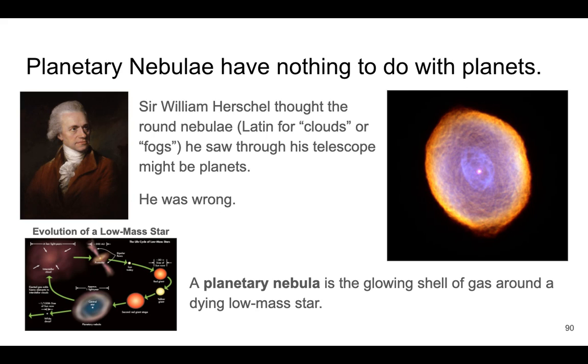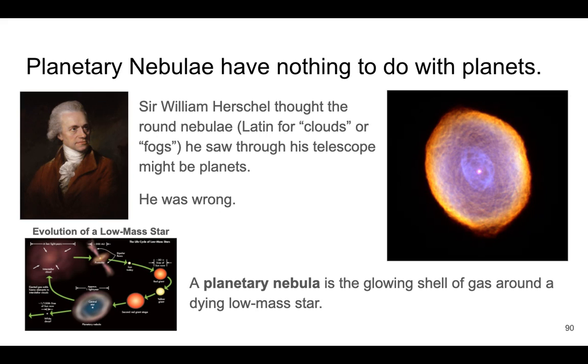So he thought they might be planets. A reasonable guess, because through the kind of telescopes he was looking at, he would see little planets and they would look not like points, they'd be a little bit fuzzy. So yeah, these things would look a little bit fuzzy too. So yeah, he called them planetary nebula. And that's really a terrible name for them. They have nothing to do with planets.